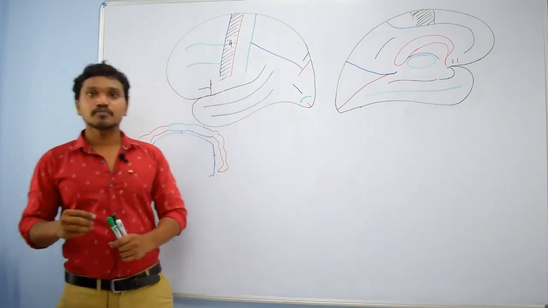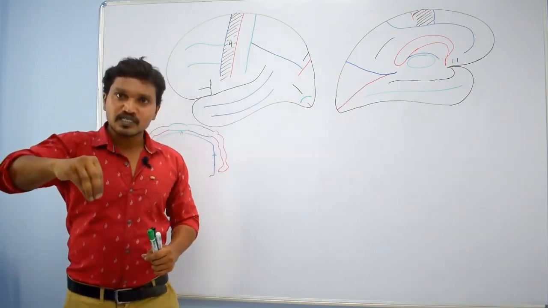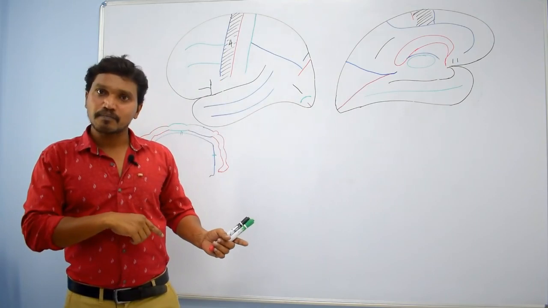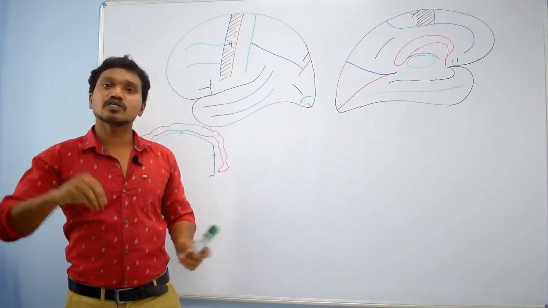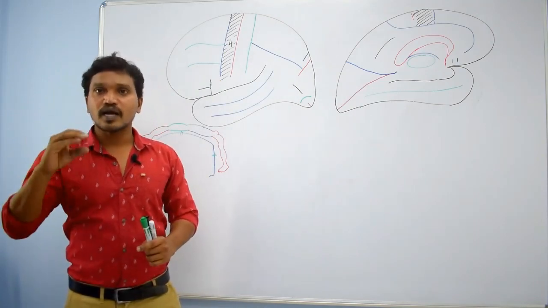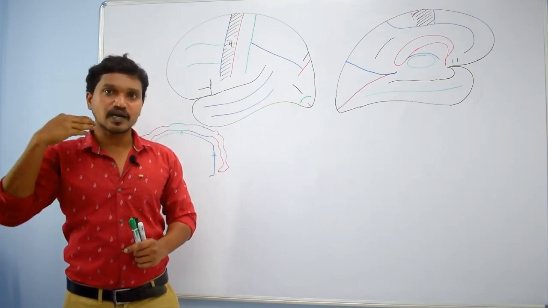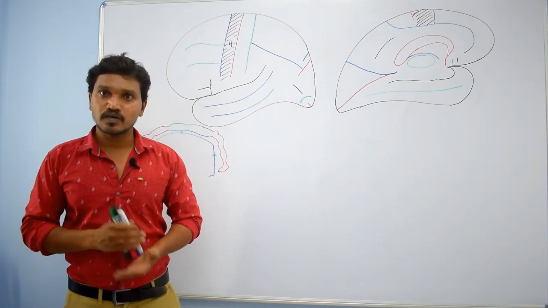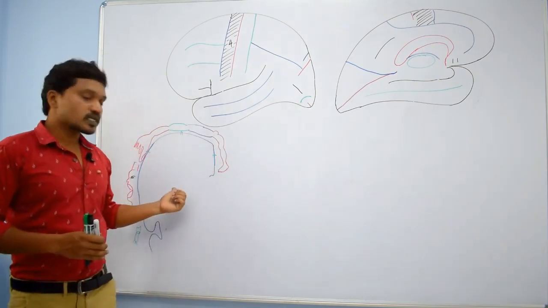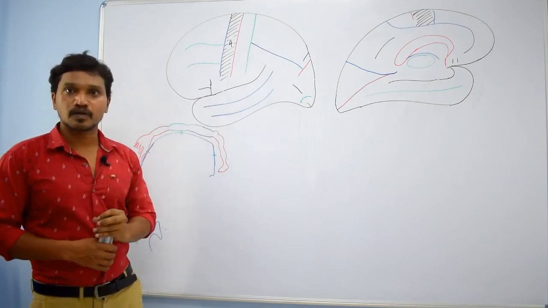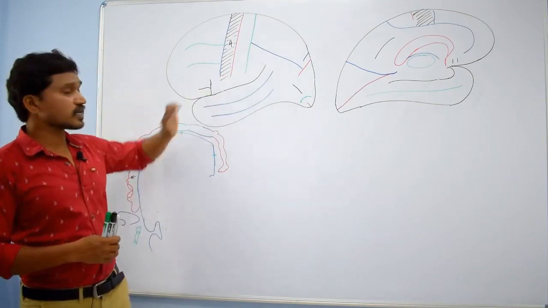This area initiates the motor impulses for the contralateral side of the body mainly, but it will also initiate the motor activities of the same side, that means the ipsilateral side of head and neck and axial muscles, right? So if there is a lesion, this will happen. Clear? So that is about area number 4.